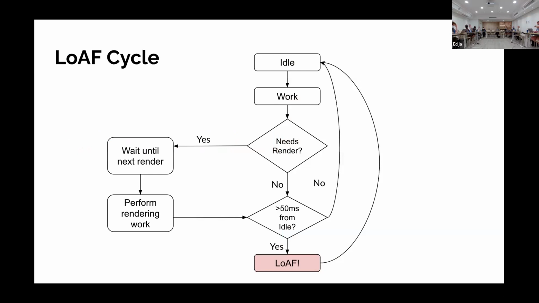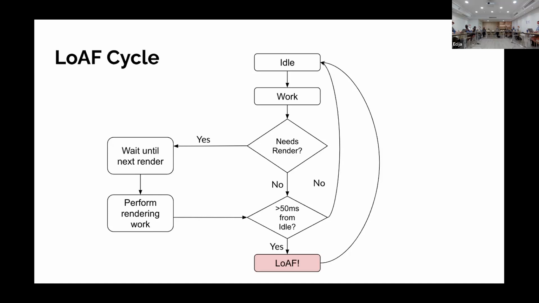This is the life cycle. You start with idle, you maybe do some work, let's say process a fetch response. Then you check if you need to render. If you didn't, if 50 milliseconds or more has passed, then yes, this is a long animation frame, even though we didn't paint anything. In this case, it's just a regular long task with no paint.